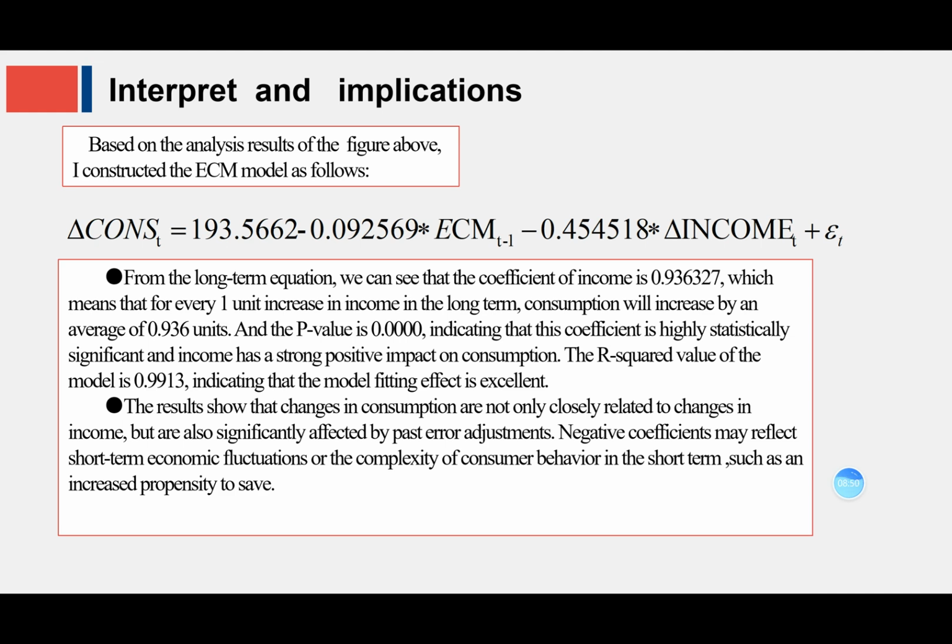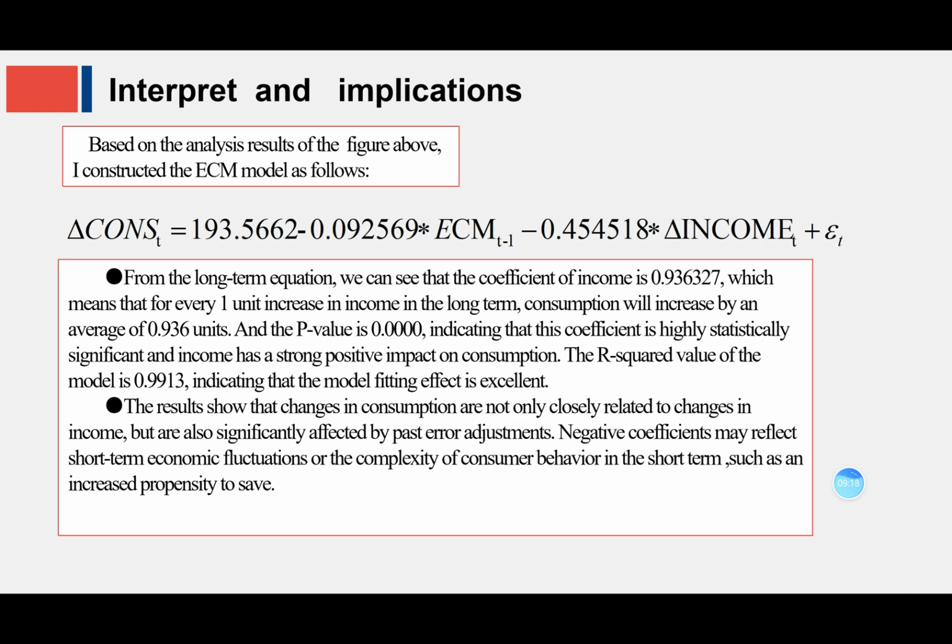The R-square value of the model is 0.9913, indicating that the model fitting effect is excellent. The results show that changes in consumption are not only closely related to changes in income, but are also significantly affected by past error adjustments.